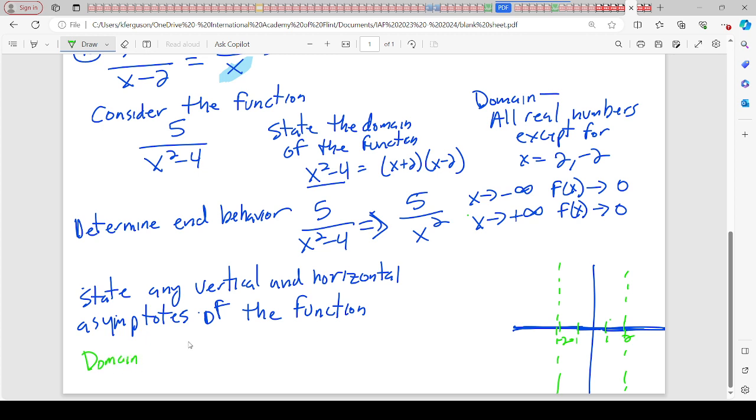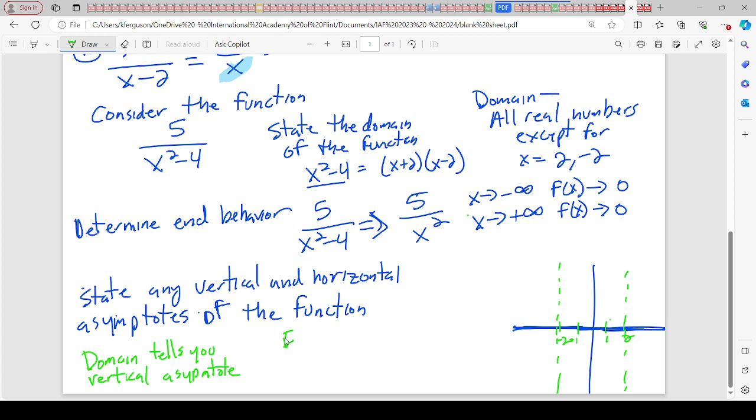So your domain tells you vertical asymptote lines. And now end behavior. End behavior tells me my horizontal asymptote lines.